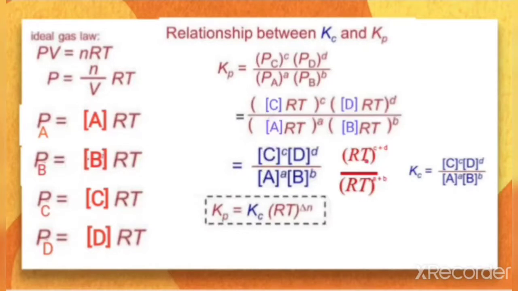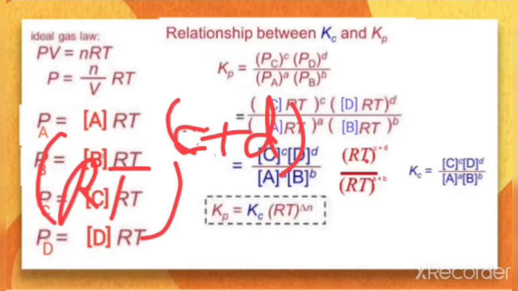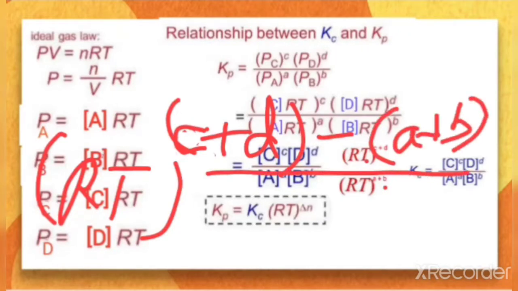RT to the power c plus d in the numerator, then in the denominator RT to the power a plus b, that is minus (a plus b). Now this term we can write in the form of delta n. So (c plus d) minus (a plus b) can be written as delta n.